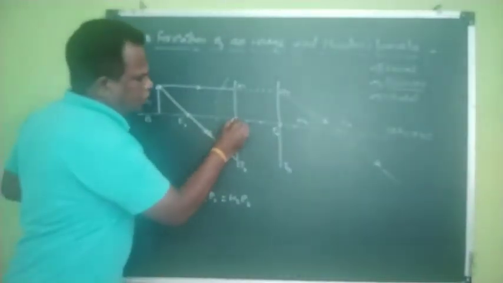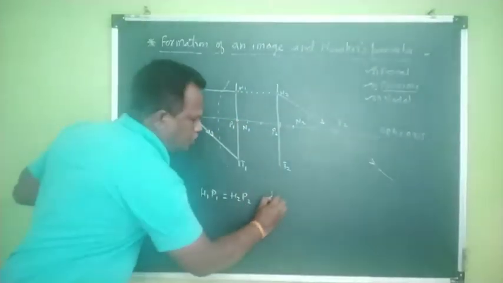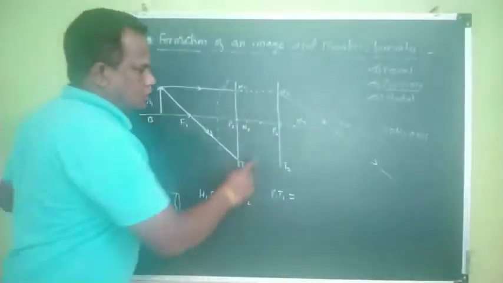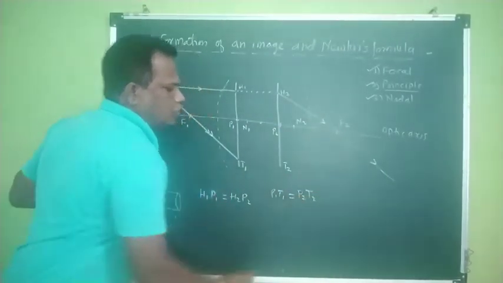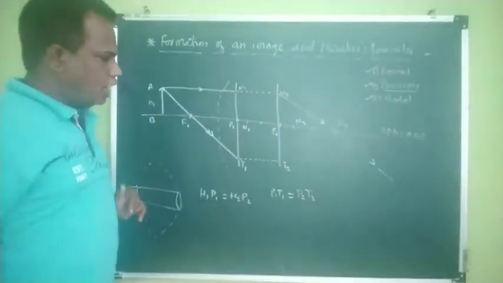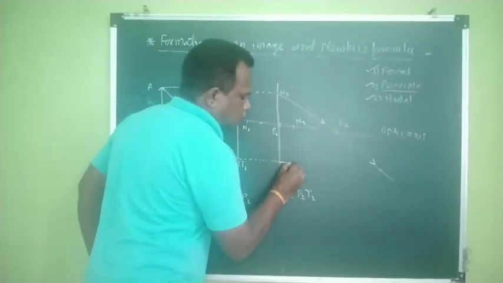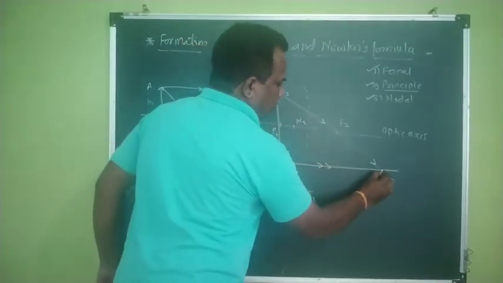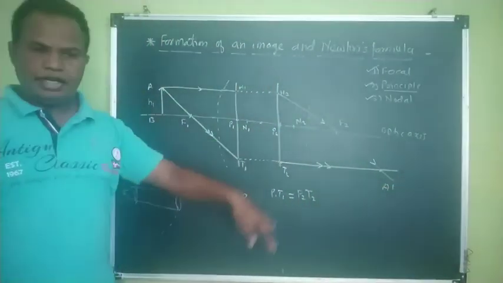So it is incident on the first principal plane at height P1 T1, and its emergent ray will start from the same height from the second principal plane, that is P2 T2 is the same height. So we have to draw same like this, and it will start from the second principal plane and goes parallel to the principal axis. So it coincides at point A dash.